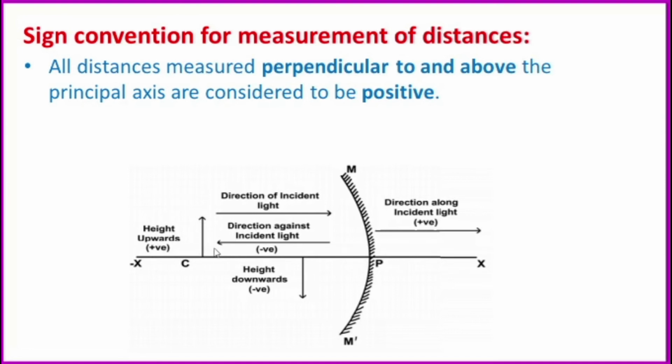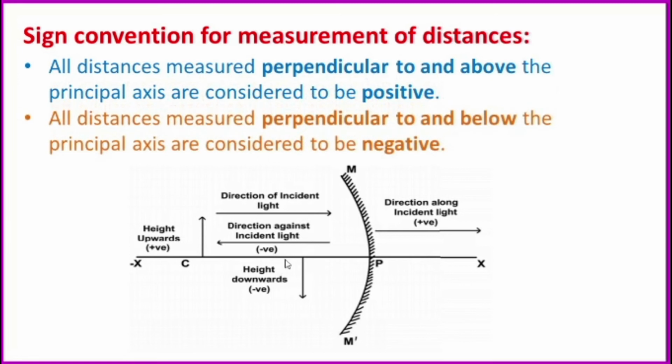Perpendicular means it makes a 90 degree angle with the principal axis. Suppose we place the object above the principal axis at 90 degrees, we take positive for that height. Object height 3 centimeter means we take plus 3 centimeter. Okay.